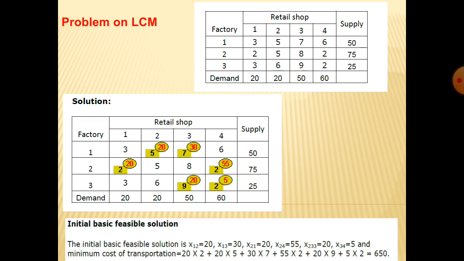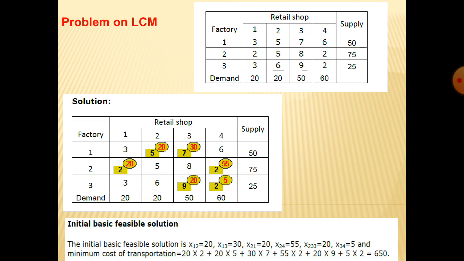In the least cost method, it is not mentioned in the syllabus, but it is asked in the question paper many times. Find out the initial basic feasible solution by the LCM method. LCM means least cost method. Note that point.